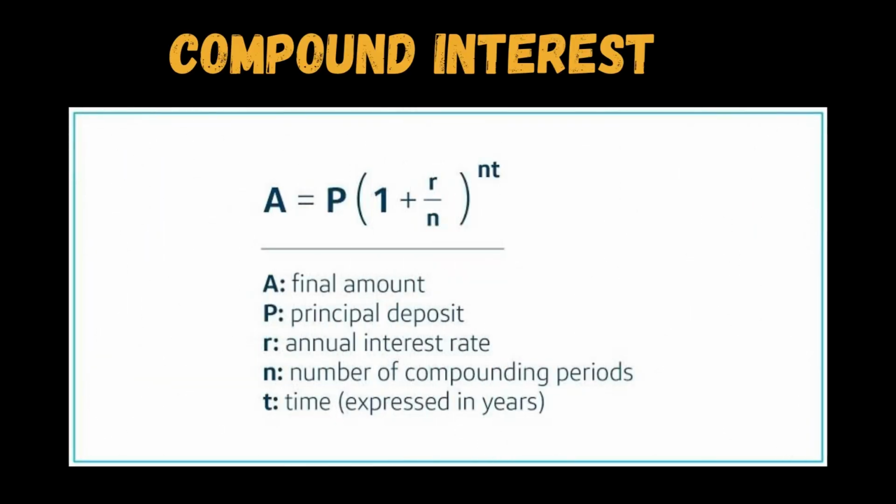And here is the equation for compound interest. A equals P into (1 plus R by 100) all raised to NT. Here A is the final amount, P is the principal amount, R is the annual rate of interest, N is the number of compounding periods, that means number of years, and T is the time expressed in years.